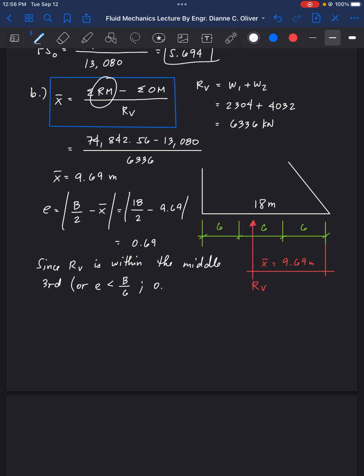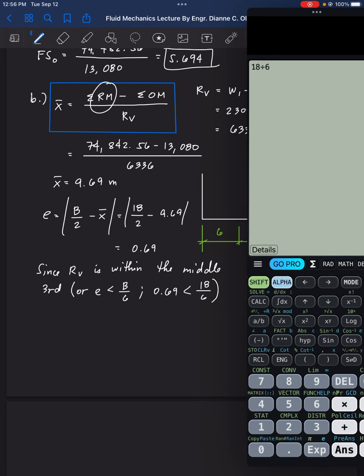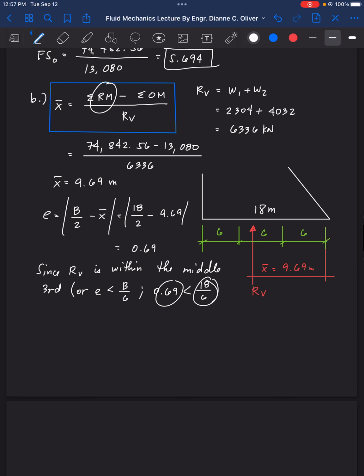You can see here that 0.69 is less than 18 divided by 6. So what is 18 divided by 6? It's 3.